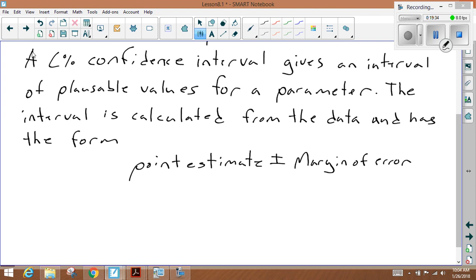You can't say there's a 95% chance that the true population parameter is in this interval. That would be really wrong, because it's not actually the probability. So we don't want to say that.